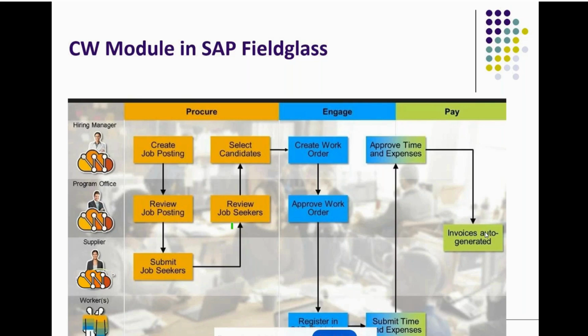So moving on, let me take this over. In service procurement, we have creation of SOWs. Similarly, in the CW model, we go with job posting. Job posting is nothing but a high-level description of what is required.